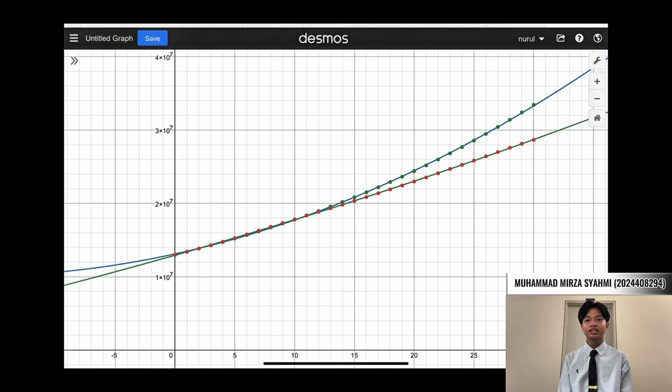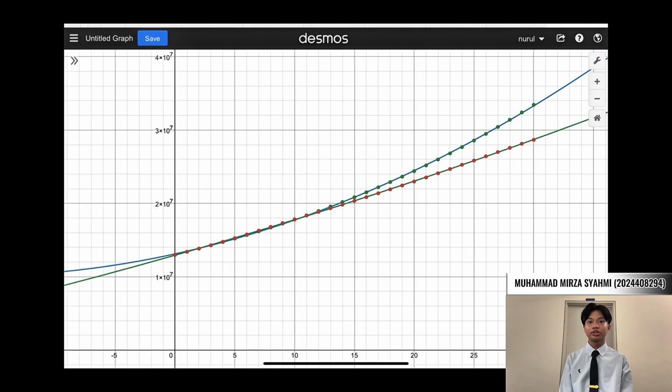In the beginning, the actual values and estimated values are quite close with each other. However, as time goes by, especially after around year 10, we can clearly see the gap between the 2 points started to widen. This shows that the model becomes less accurate in predicting the actual population.